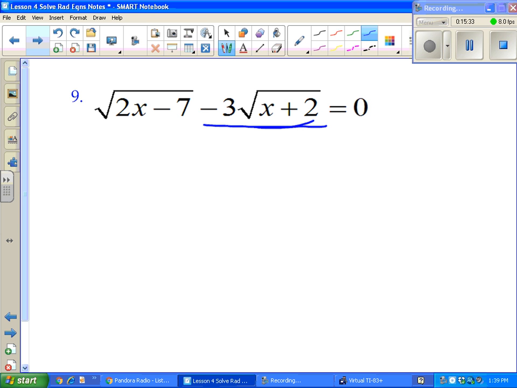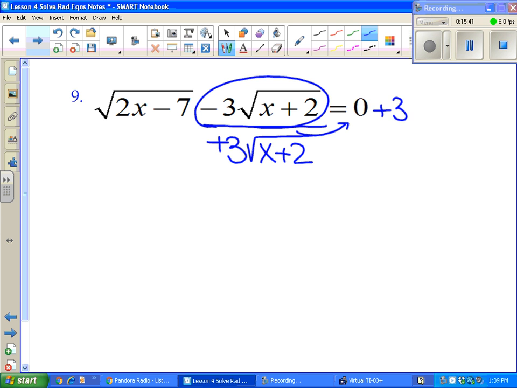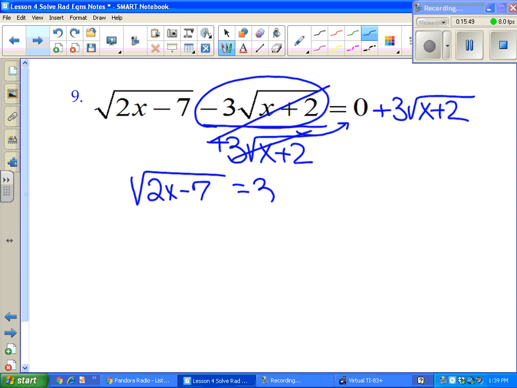I can move this entire thing over there if I add 3 square root of x plus 2. When I do, I get a square root on the left and 3 square root of x plus 2 on the right. I have at least done everything I can to try to get the radicals by themselves.